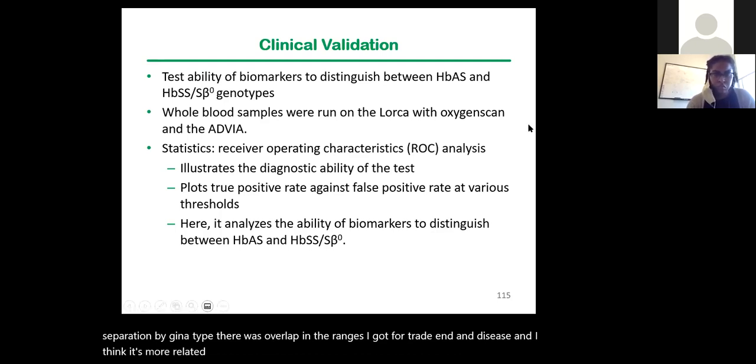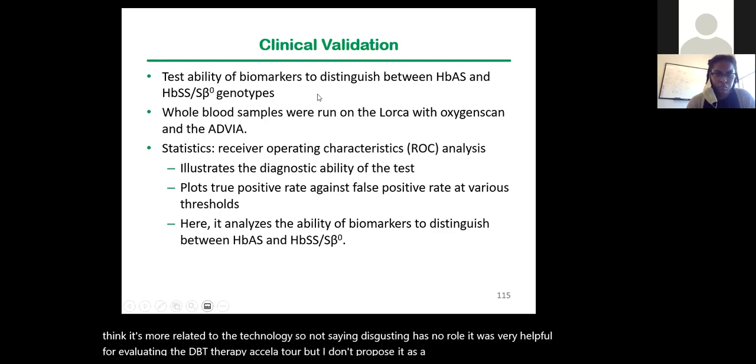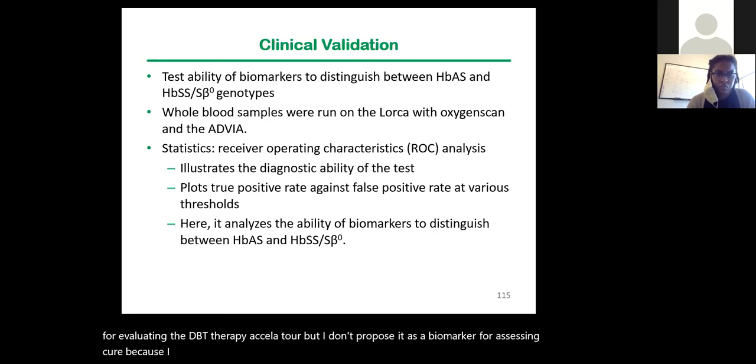And so I'm quite far along with the clinical validation, again, because so much data had been collected on the Advia, Lorca, and well, the viscometer, but I dropped that. So we can already look at some of the existing data and see how these biomarkers distinguish between the genotypes.